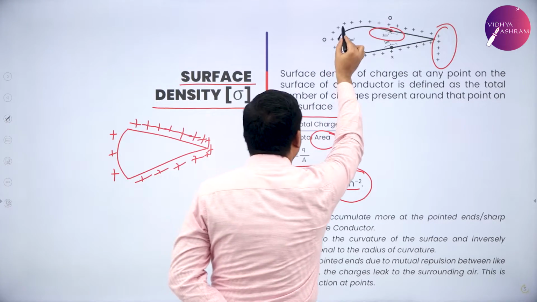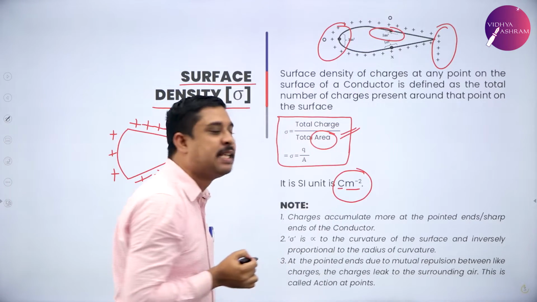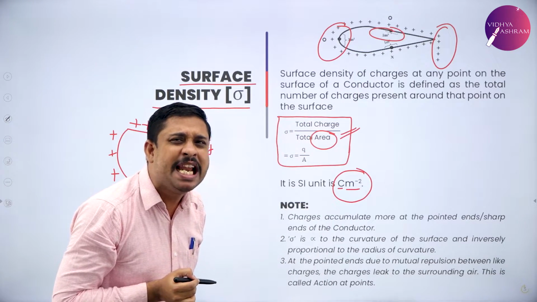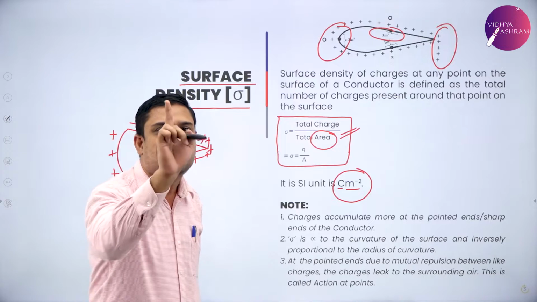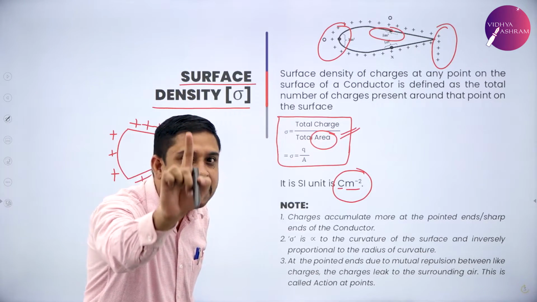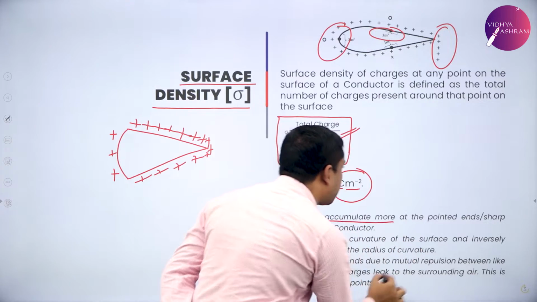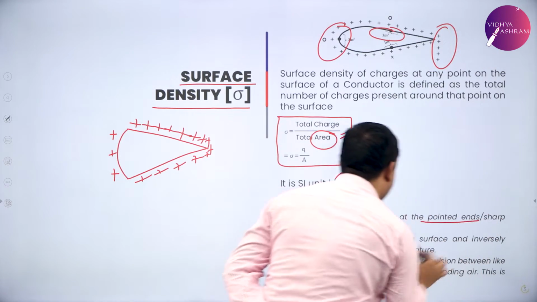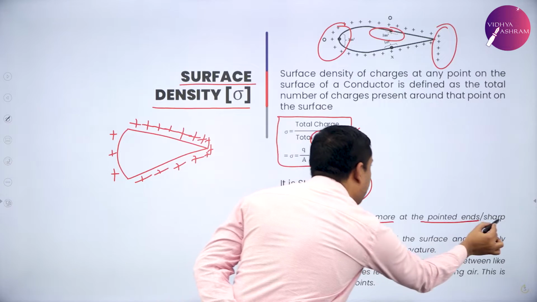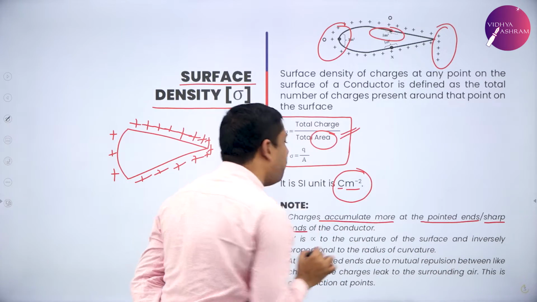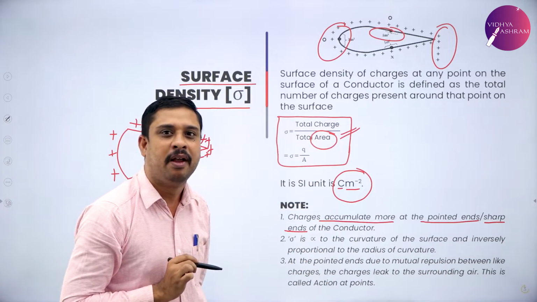And wherever there are bulged ends, there are less number of charges. So point 1, please do remember, charges accumulated more at the pointed or the sharp ends of a conductor.